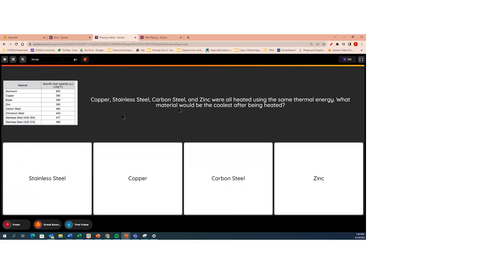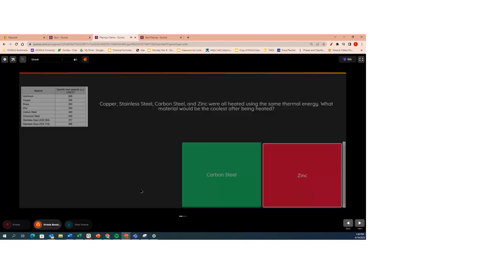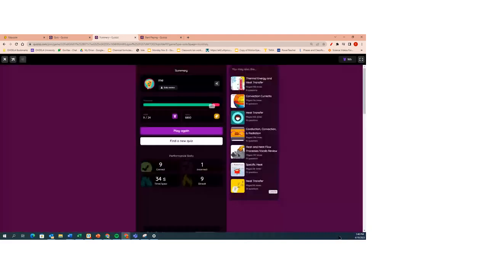Zinc was 380, carbon steel was 490, copper was 385, and stainless steel was 477. So I'm still going to say zinc in this particular case. Let's try carbon steel, 490. Okay, so I obviously am having trouble on this particular one. Sorry about that, guys. I will double check that one out for you.